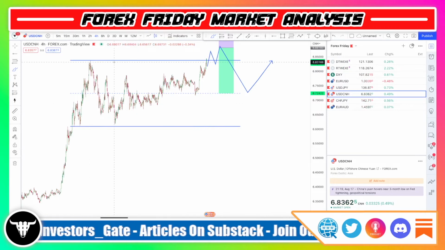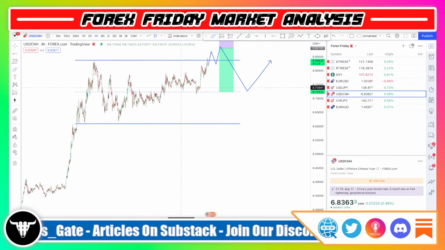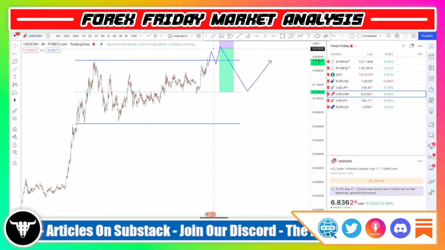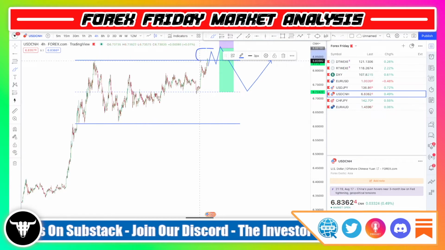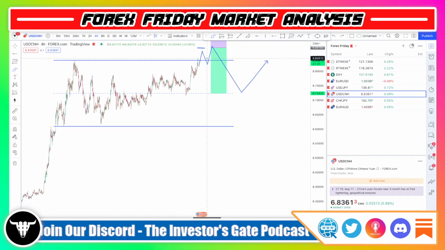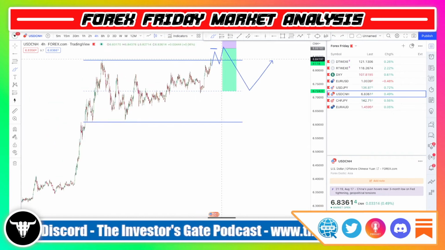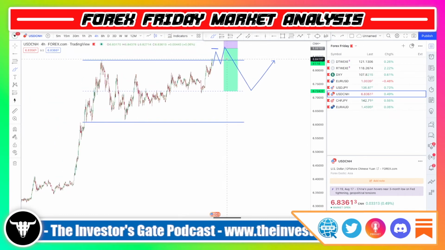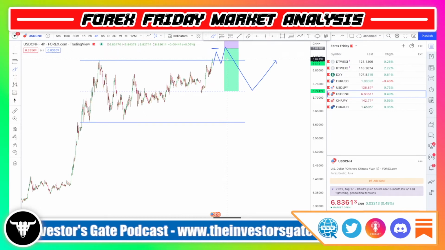So we have this range, right? And we are expanding, potentially going to bust through that swing high. What I would want to see, I mean, you could just play the range deviation. I don't know if I would want to do that just given the macro forces driving the dollar right now.